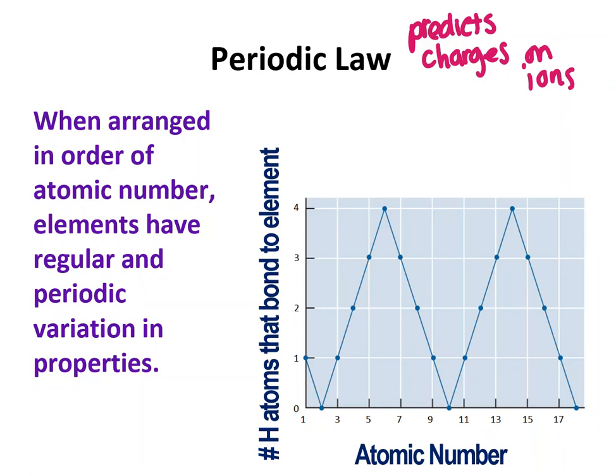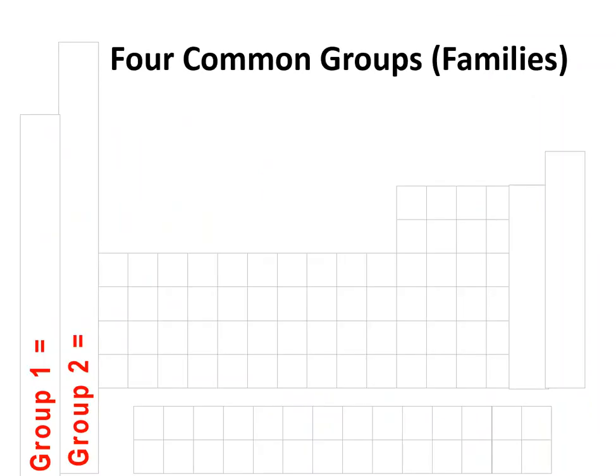This is because of periodic law. Also, because of periodic law, we have groups and families where a column has similar properties, and these, of course, follow with the charges we said.